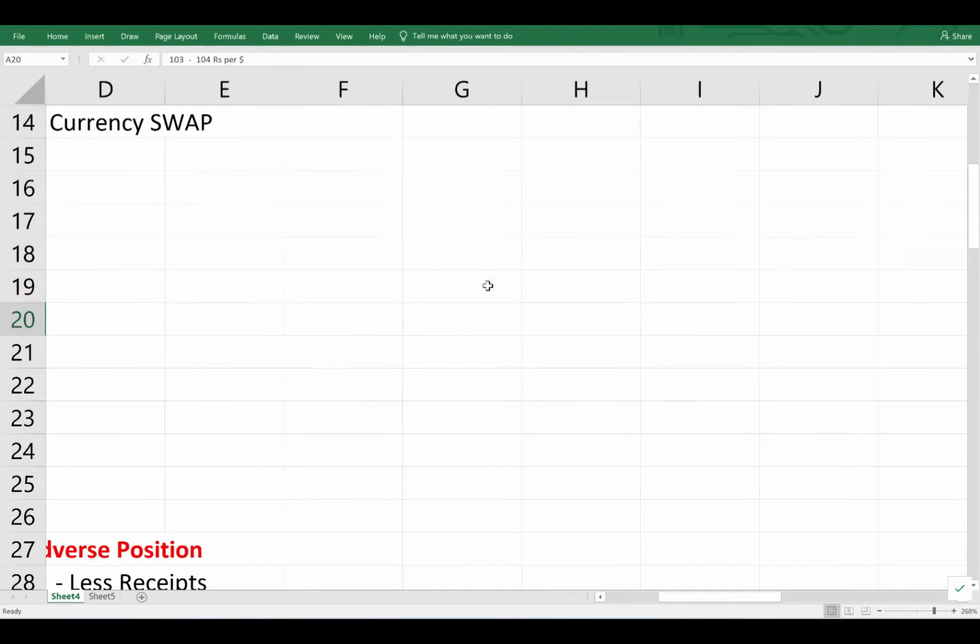Let me write it down here: 86.54, this is INR over dollar. We can write it like this as well, INR 86.54 per dollar. Same meaning, by the way. I just keep INR first or down. This is my exchange rate today.